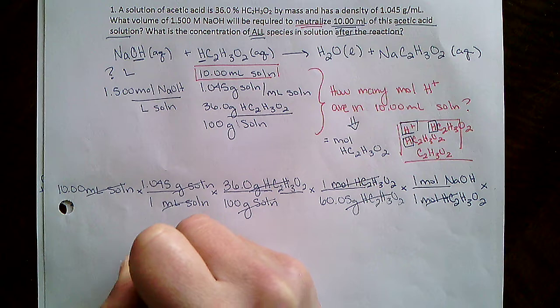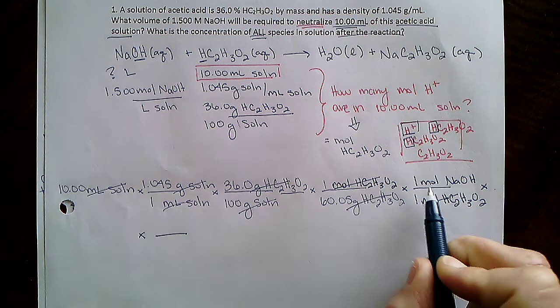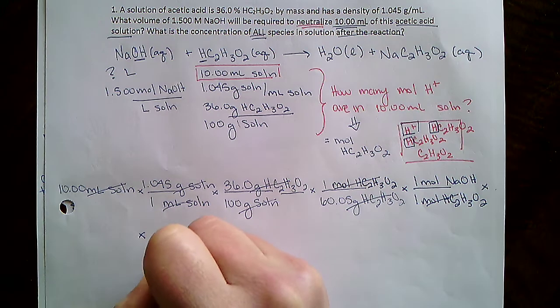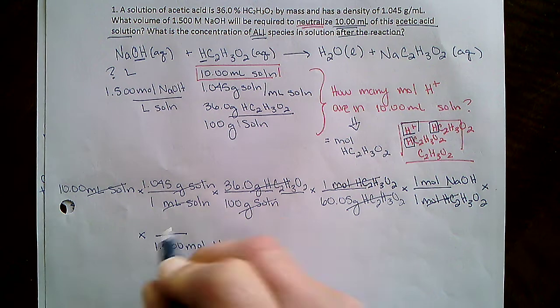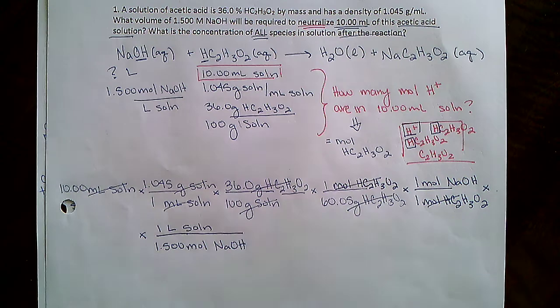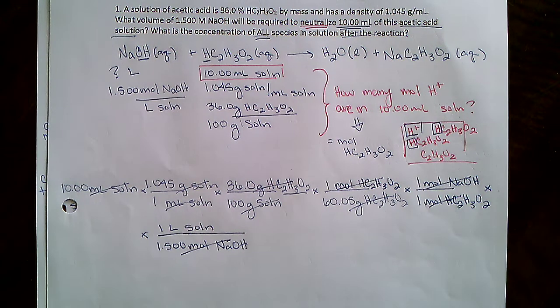So basically times, I'm canceling out moles of NaOH. So there's 1.500 moles of NaOH for every 1 liter of solution. And so we cancel moles.